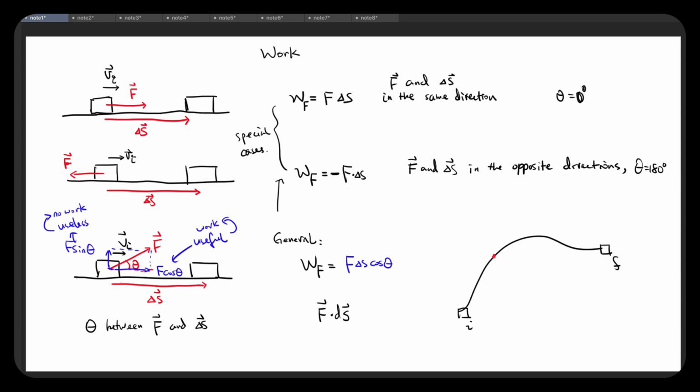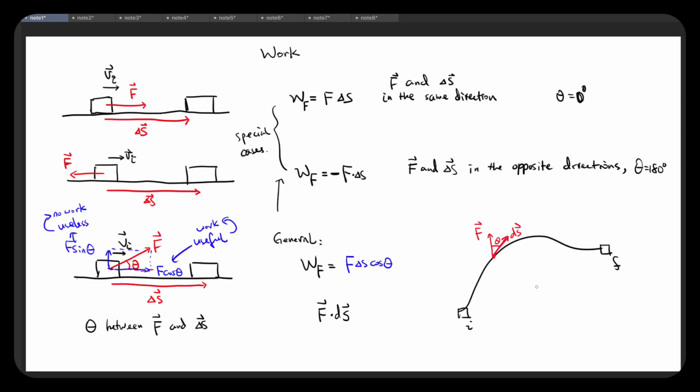At this location, let's say there's a force F, looking like this. Then we also want to divide the path into infinitesimal displacements. I call this delta S, ds. ds is along the tangent line, and force F is along some arbitrary direction, and they make some angle theta at this location.